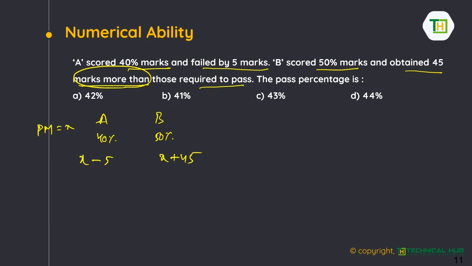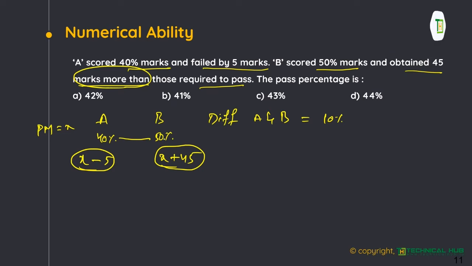Now if you observe carefully, first I will take the difference between A and B in terms of percentage, which is 10 percentage. It is very clear: 40 percentage, 50 percentage, difference is 10 percentage. But coming to marks, the marks of B are X plus 45, marks of A are X minus 5.